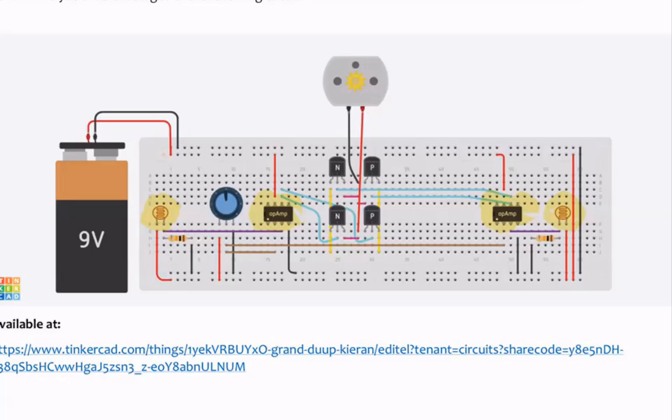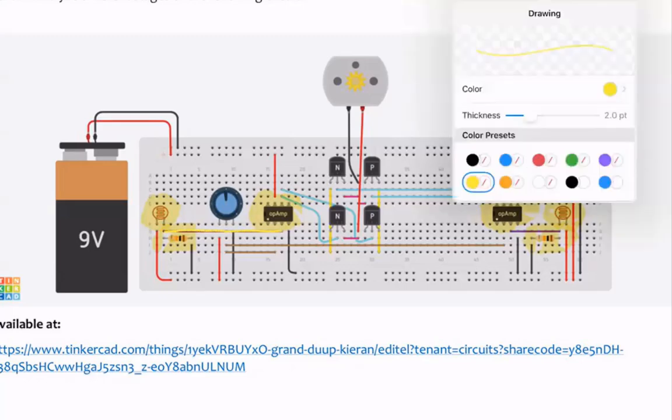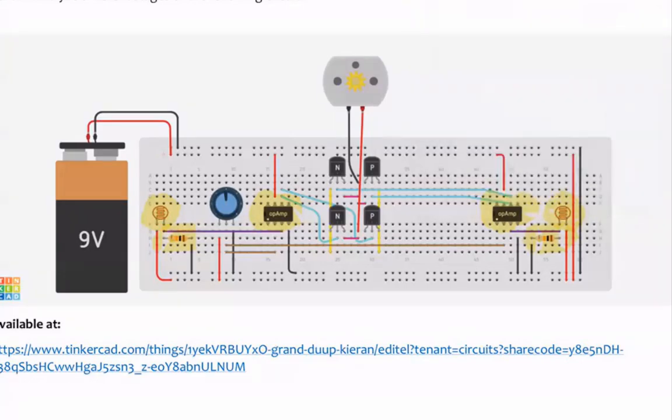So here the LDR is connected in series with a resistor right here, and then it is connected to the non-inverting terminal. This purple wire that you see over here is connected to the non-inverting terminal, and similarly over here.